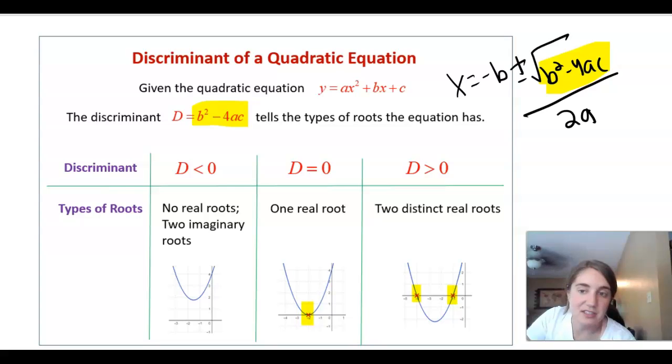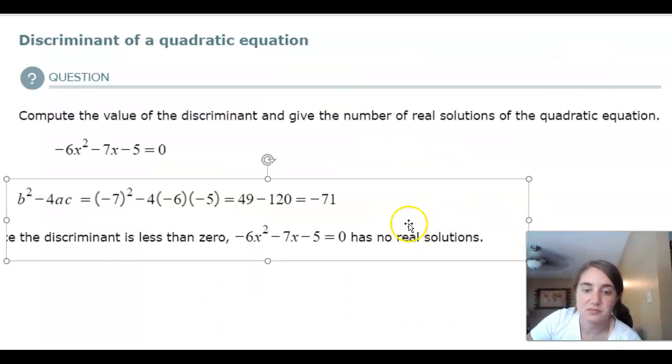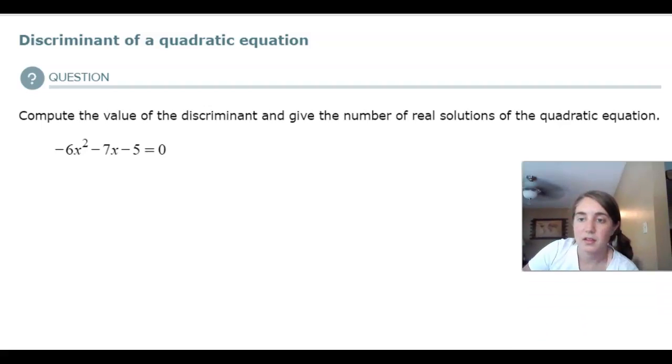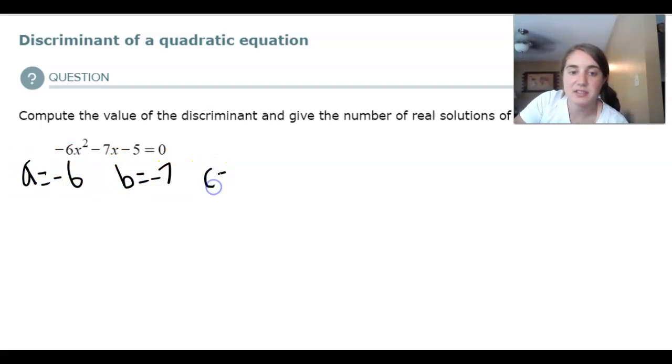So let's go ahead and try that on this next part. It is in standard form, so my a equals negative 6, b equals negative 7, c equals negative 5.